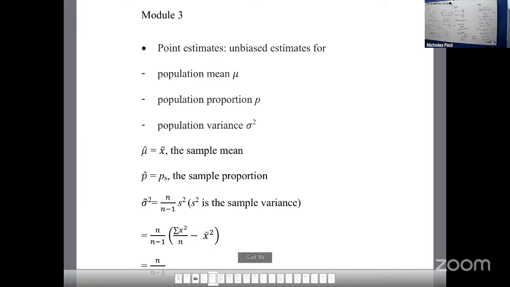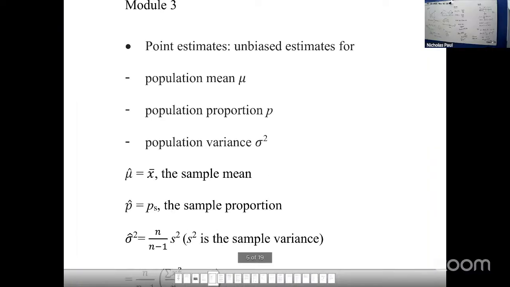I could ask for a confidence interval where the mean lies, and then I could ask you to do a hypothesis test to see if that mean value is more than, equal to, not equal to or less than. That's basically three things that you're doing in module 3, right? And of course, you have chi-squared and your regression analysis. Okay. Right. So point estimates.